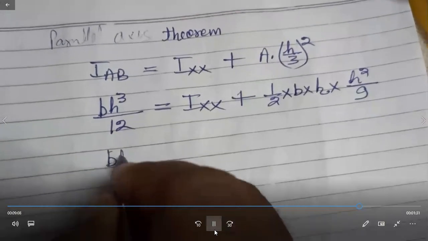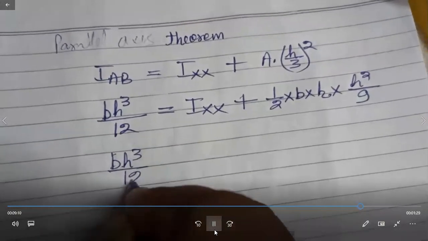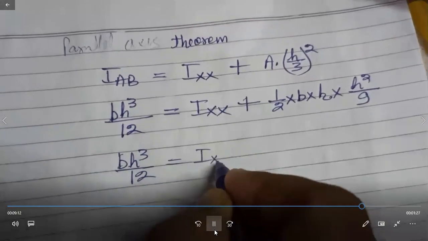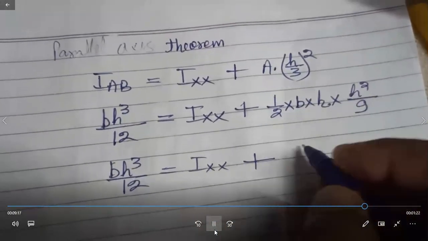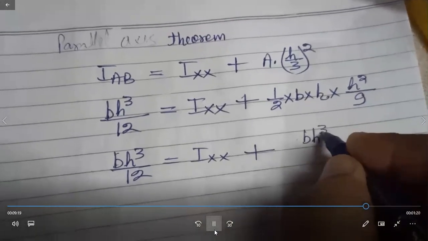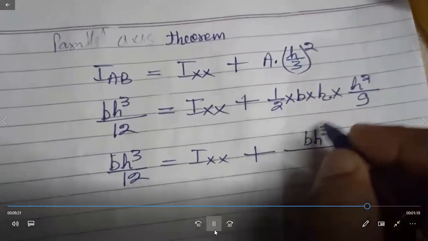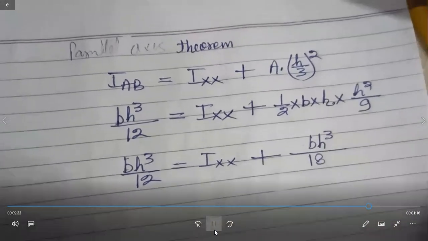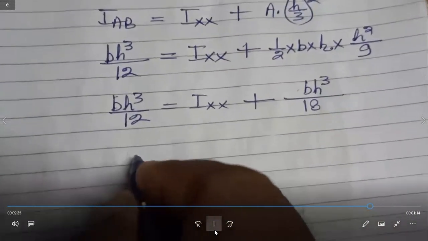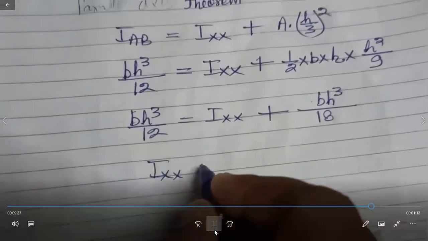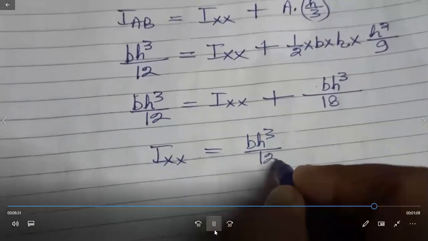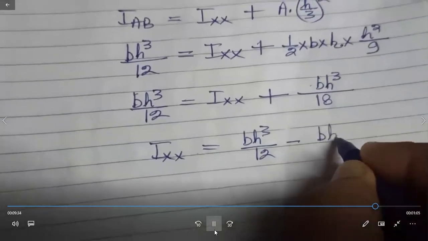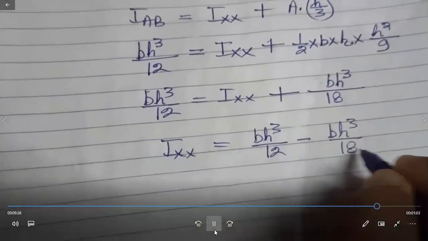So b h cube by 12 is equal to IXX plus b h cube by 18, or IXX is equal to b h cube by 12 minus b h cube by 18.